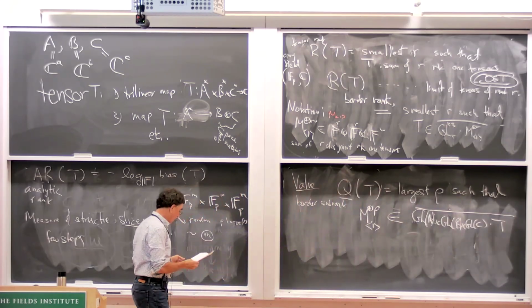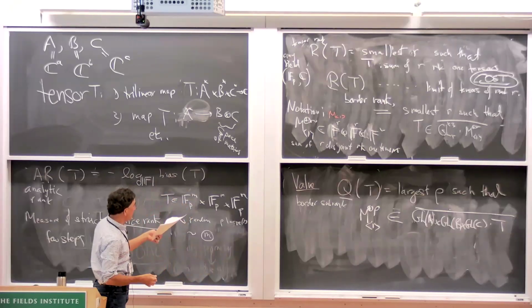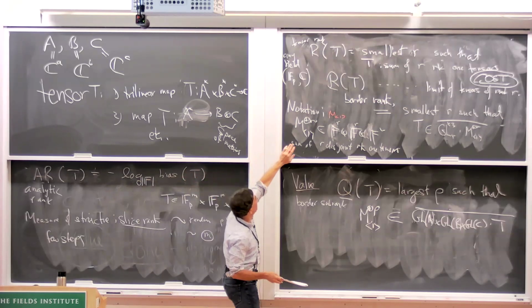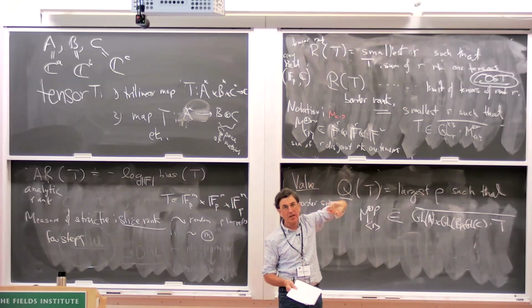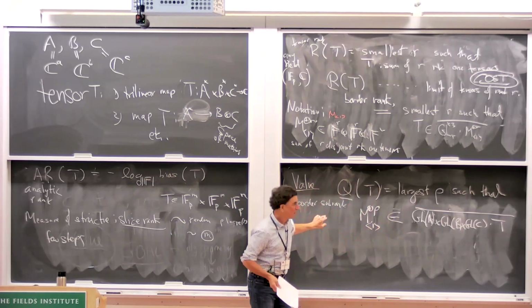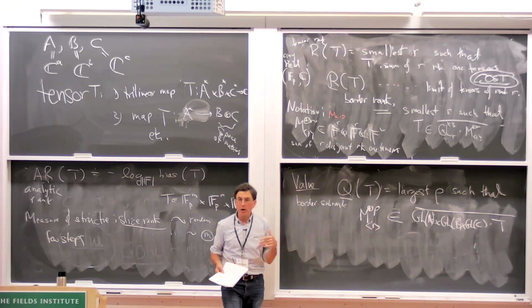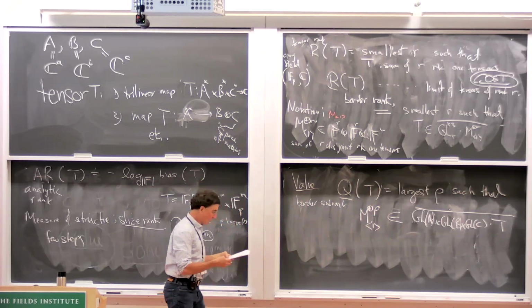So from these definitions, they look quite similar. But like I said, from the get-go, people have known that border rank is intimately connected to algebraic geometry. This other notion, up until now, up until this week perhaps, is more closely related to probability and combinatorics.